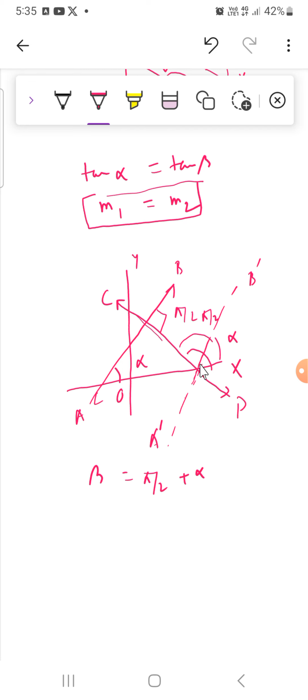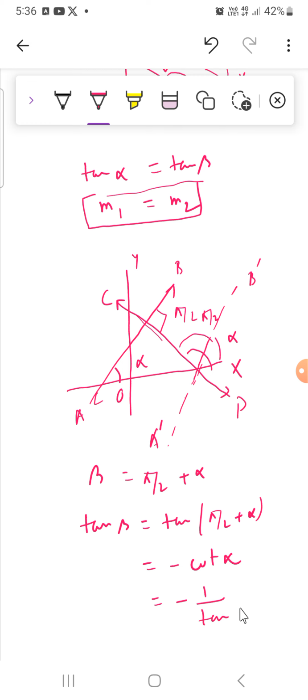So tan beta is equal to tan of pi by 2 plus alpha, where tangent is negative in the second quadrant. So this will be minus cot alpha, or we can write minus 1 by tan alpha.